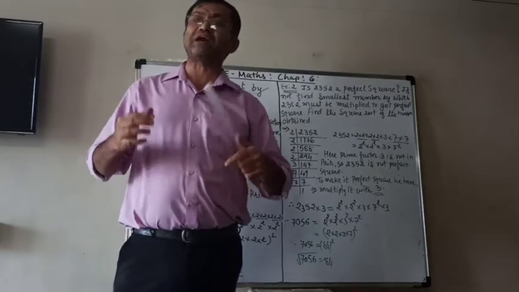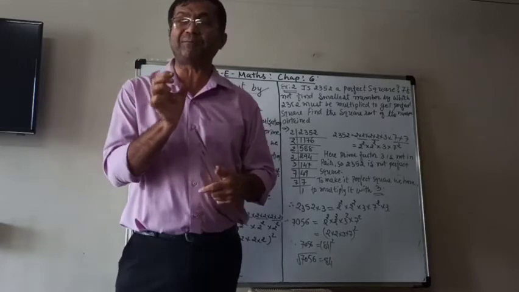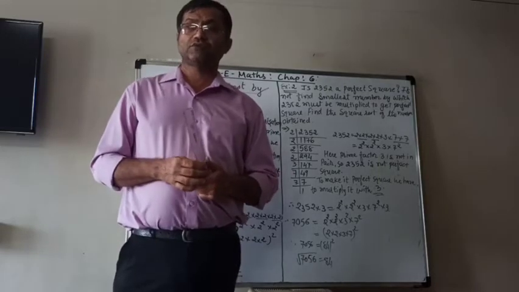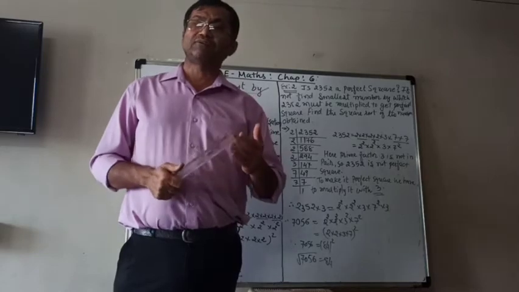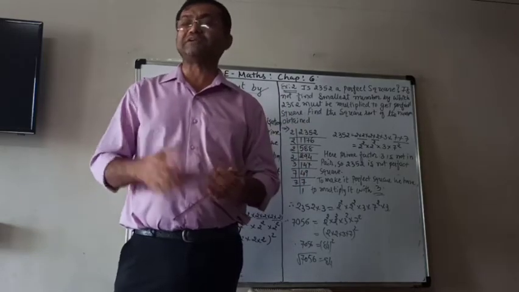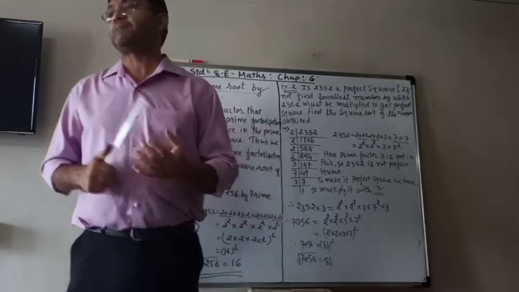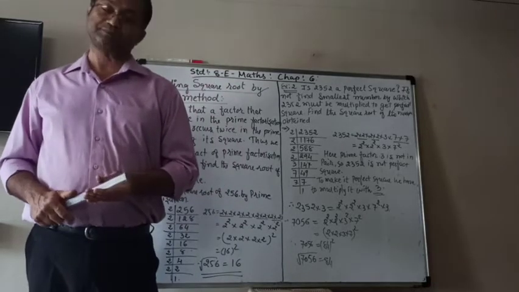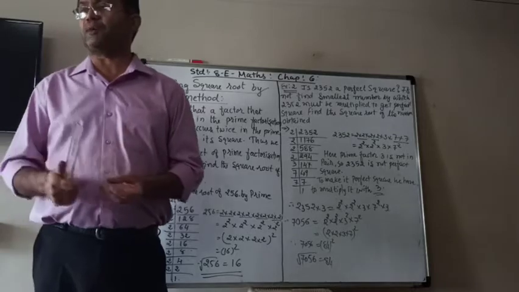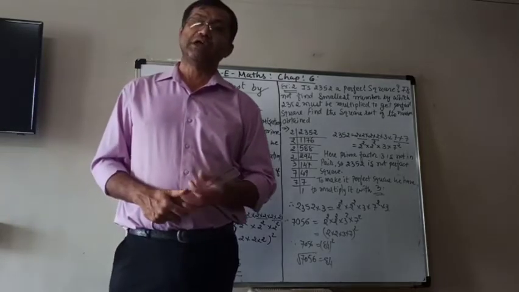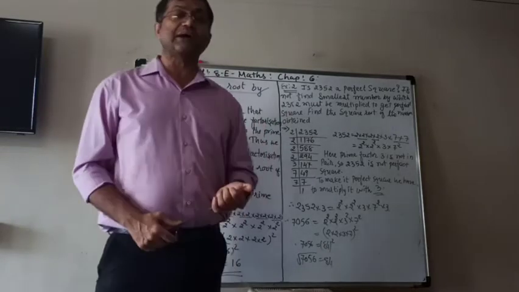And therefore it is very simple, because we make pairs of the same prime factors, and then for the square root we take 1 out of each pair of prime factors, and that will be the square root of the number. Let us understand with an example.